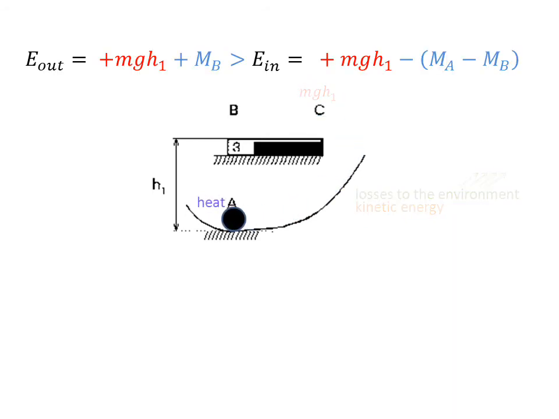However, reaching the initial state A, with E sub A equal to 0, by completing the ABCA loop, was achieved by the sphere losing energy out, which is greater than input energy in, in clear violation of conservation of energy.